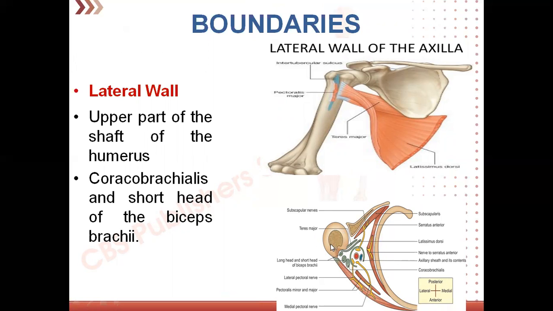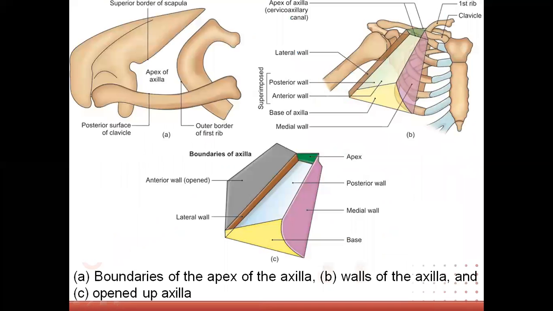This point is actually the humerus. The lateral wall is formed by the upper part of the shaft of the humerus, where we have the insertions of coracobrachialis and the short head of biceps brachii muscles. So these are the various walls you are finding.